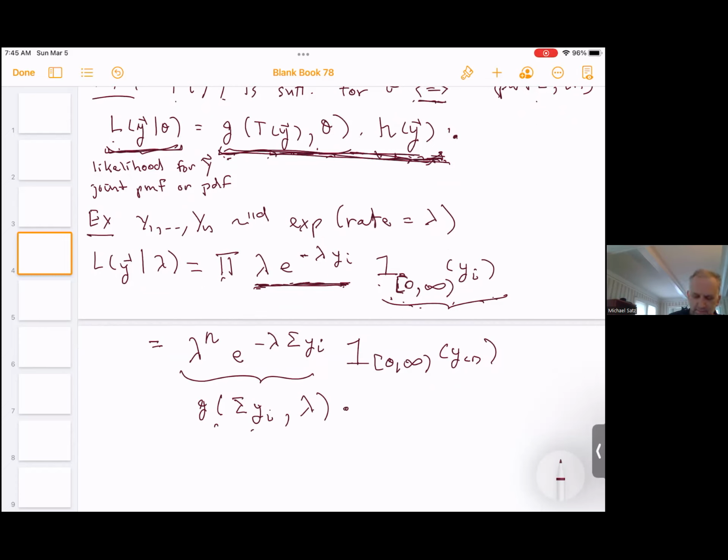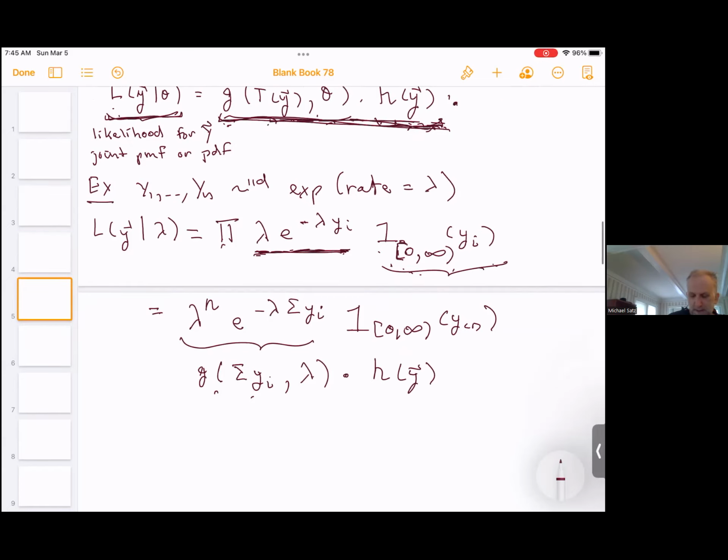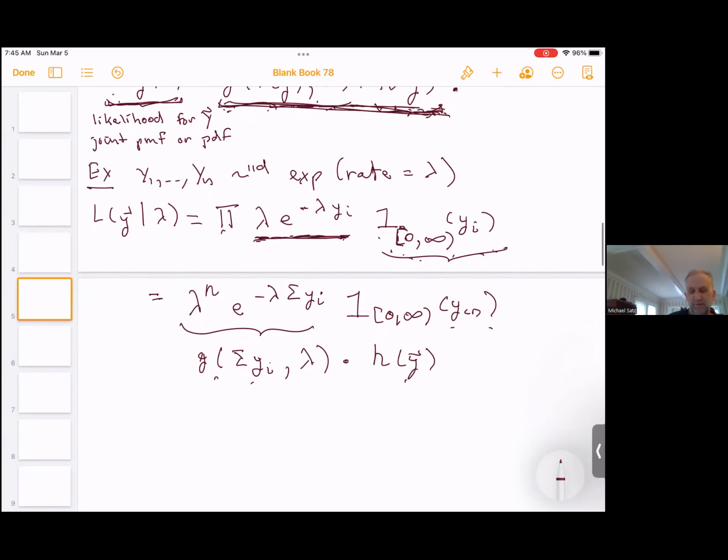And then over here I have H, which is a general part of the sample that doesn't involve the sufficient statistic. So it has to be separated out, and the main thing is it can't include lambda.